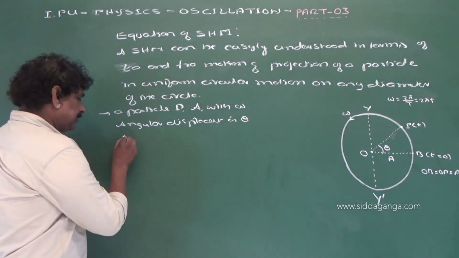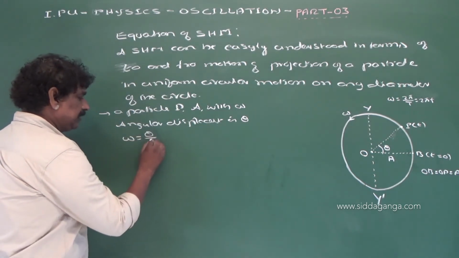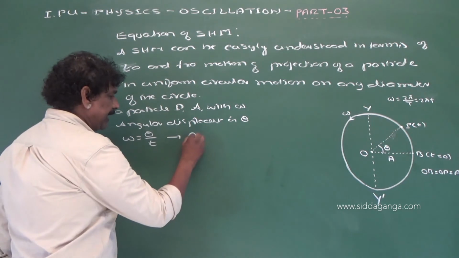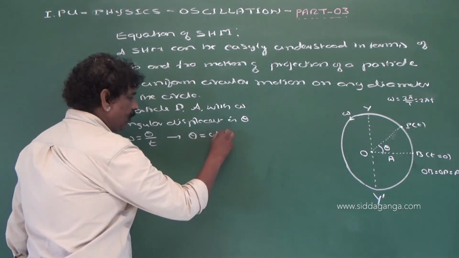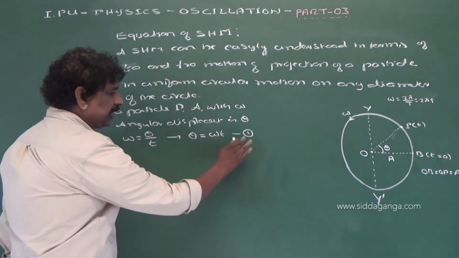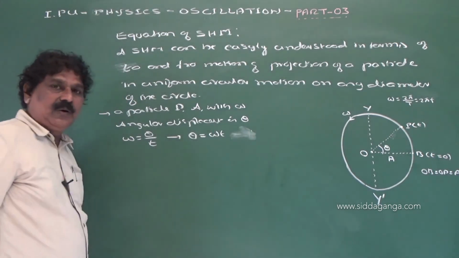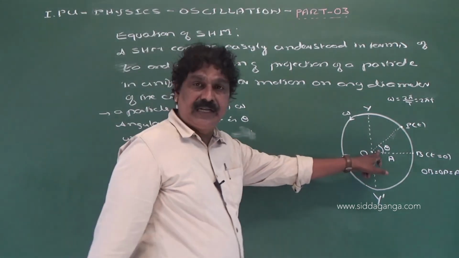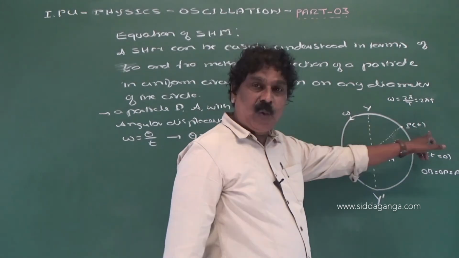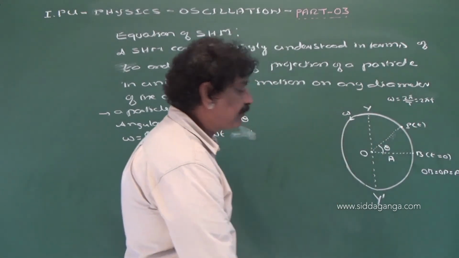But as we have omega is equal to theta by t, that implies theta is equal to omega into t. So this angular displacement is equal to omega into t.